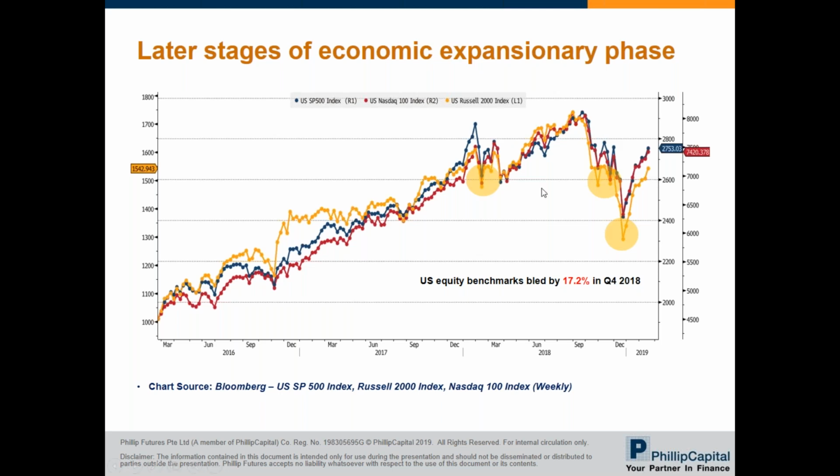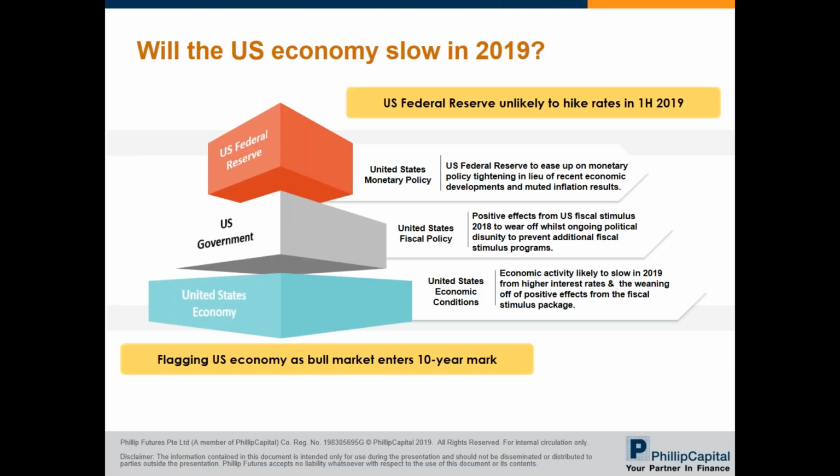This is despite, of course, some positive inclinations after the Fed announced a pause in interest rates. With all these indicators, it has shown much weakness and softer growth prospects in 2019. So the key question: will the US economy slow in 2019?